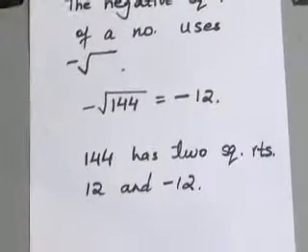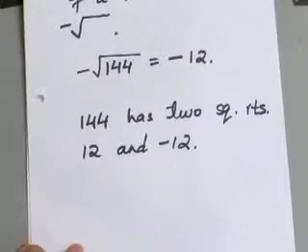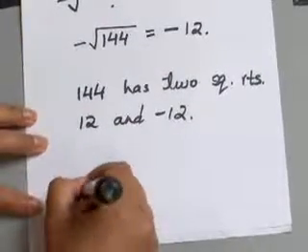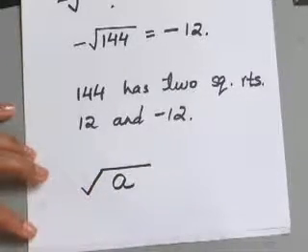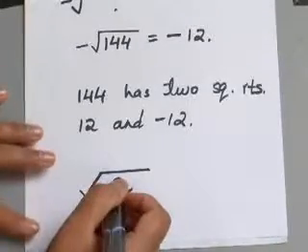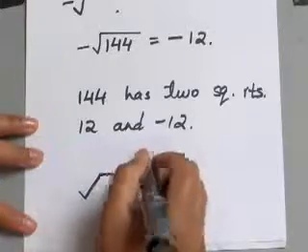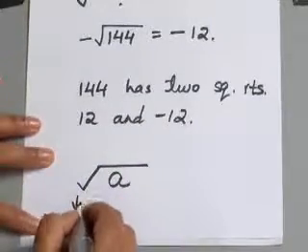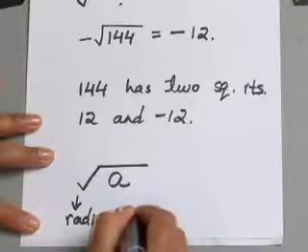Now let's talk about this symbol that we are using here. You have your square root, and you put the number you're trying to find the square root of inside, and the symbol itself is what we call the radical sign. This is a word you're going to be using or hearing more often in this section.